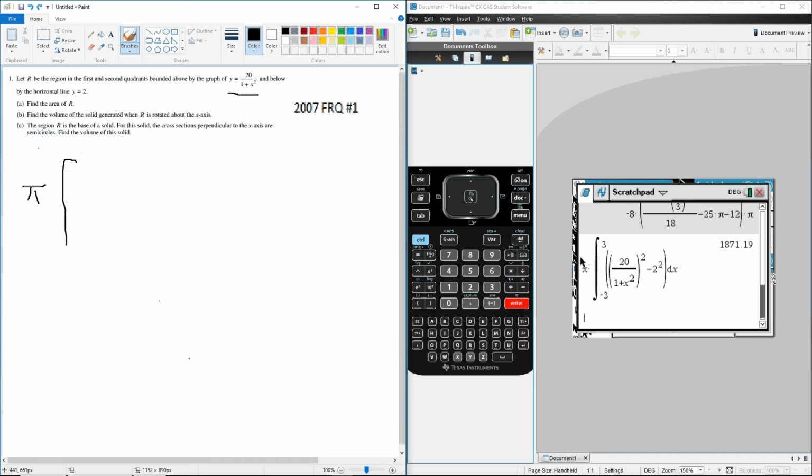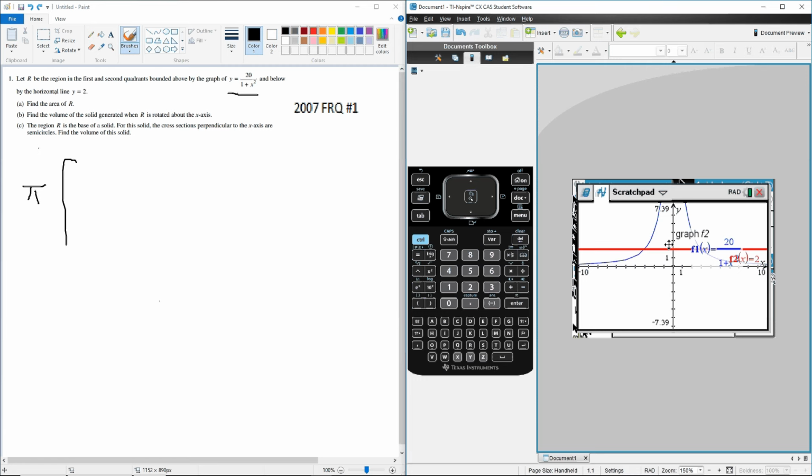Part C asks us to find the volume of our solid if this region R is used as the base of a solid whose cross sections perpendicular to the x-axis are semicircles.